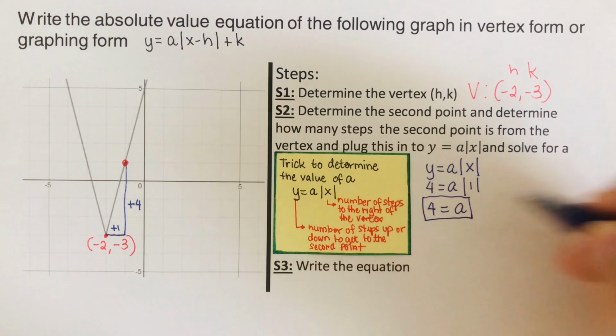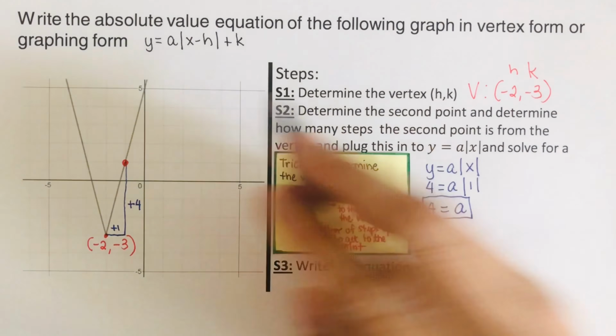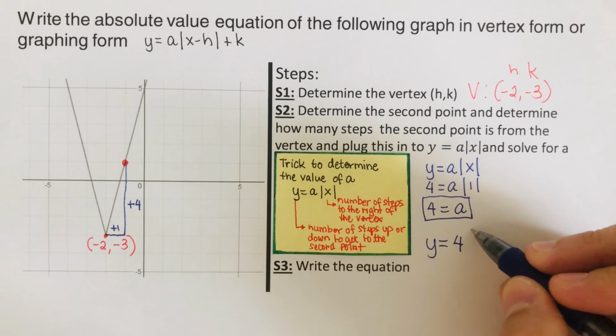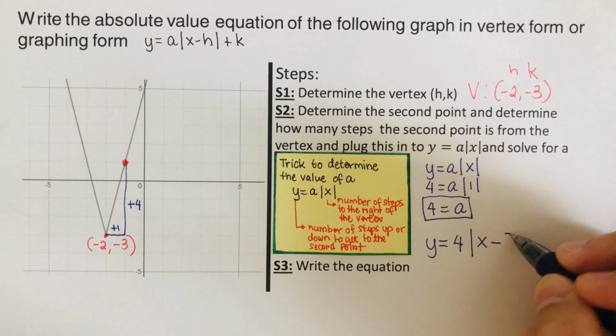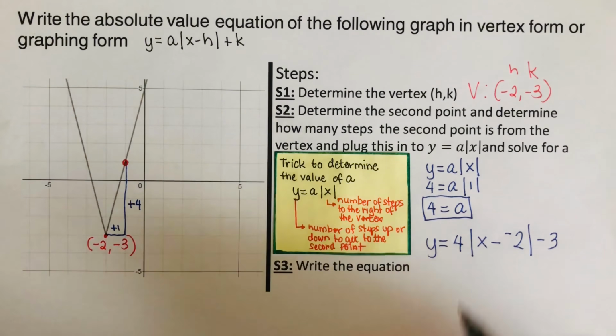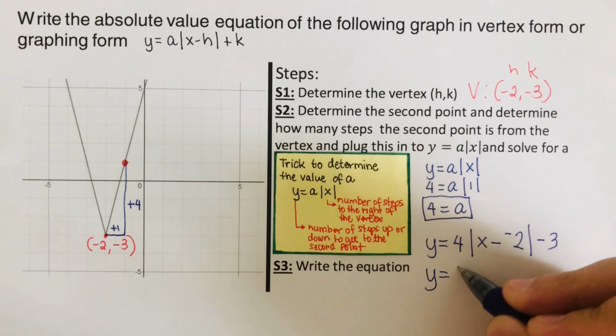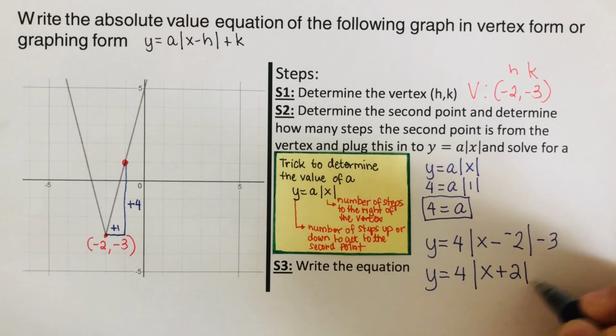So then from here, we can write our equation as y equals, our a is 4, absolute value of x minus -2, minus 3. So negative of a negative will turn into a positive. So that's y equals 4 absolute value of x plus 2 minus 3.